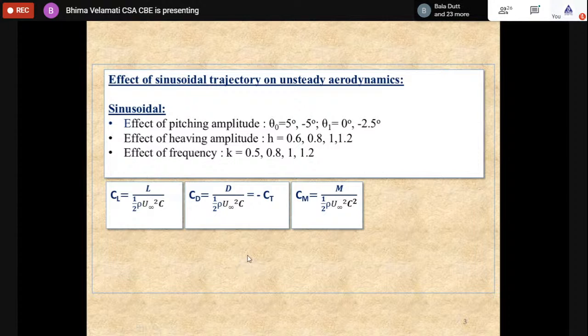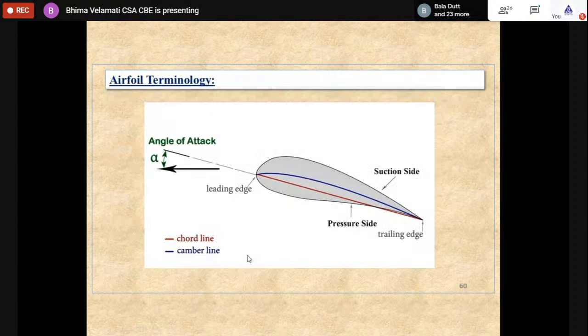So let us go back to the aerofoil. This is aerofoil terminology. I have angle of attack, which will change because of the relative velocity. I have leading and trailing edges. That is, the leading edge is the edge which faces the flow, the trailing edge is opposite. And then you have two surfaces, the suction side and the pressure side.